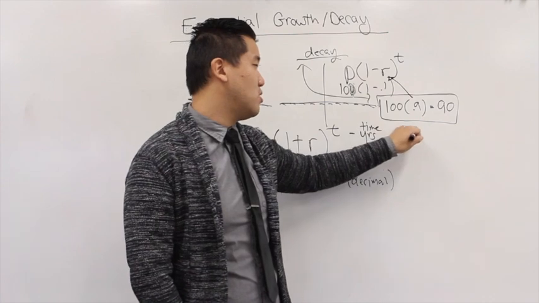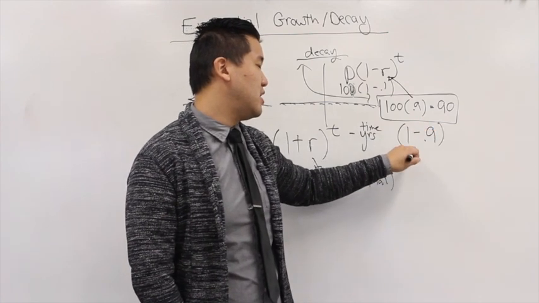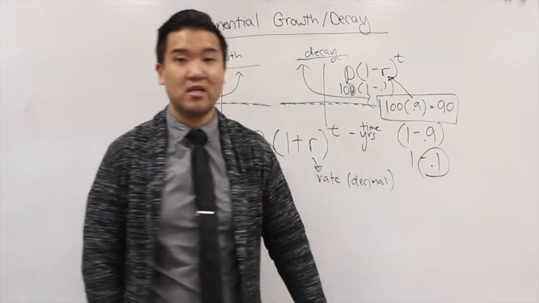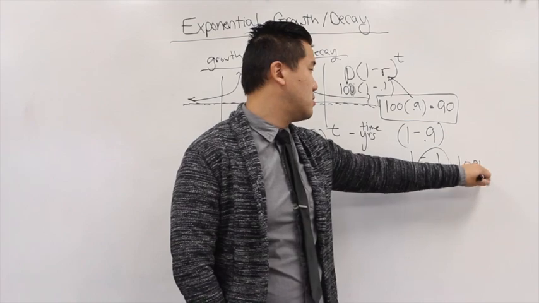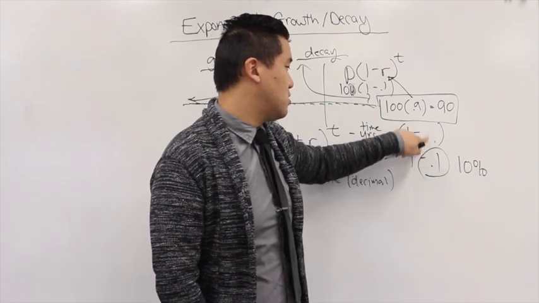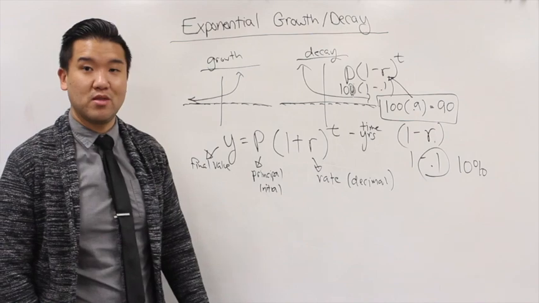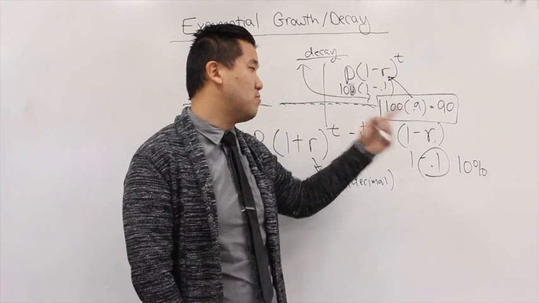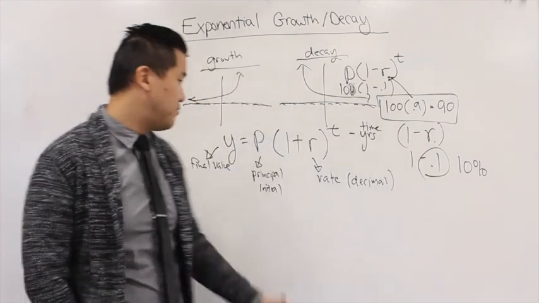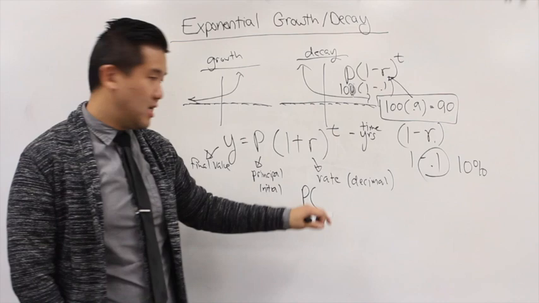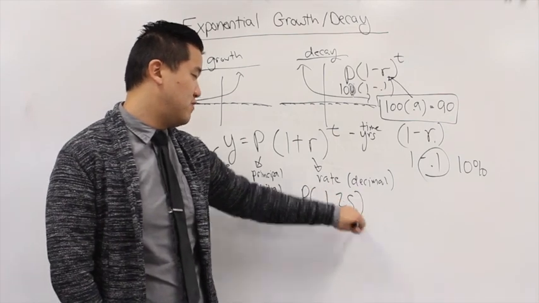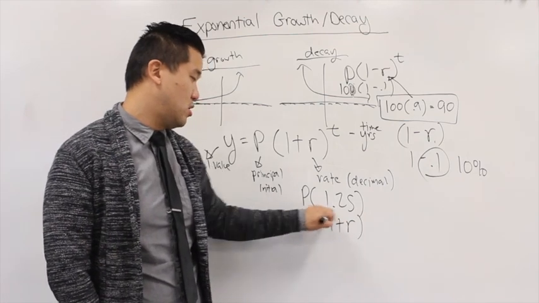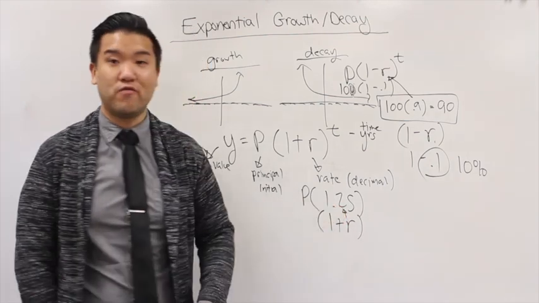So r is 1 minus 0.9, which is 0.1. It's 10%. So it's 1 minus r there, and we have to subtract from 1 to get the rate. Same thing here. If I gave you 1.25, it's not 125%, it's 1 plus r, so r is 0.25, which is 25%.